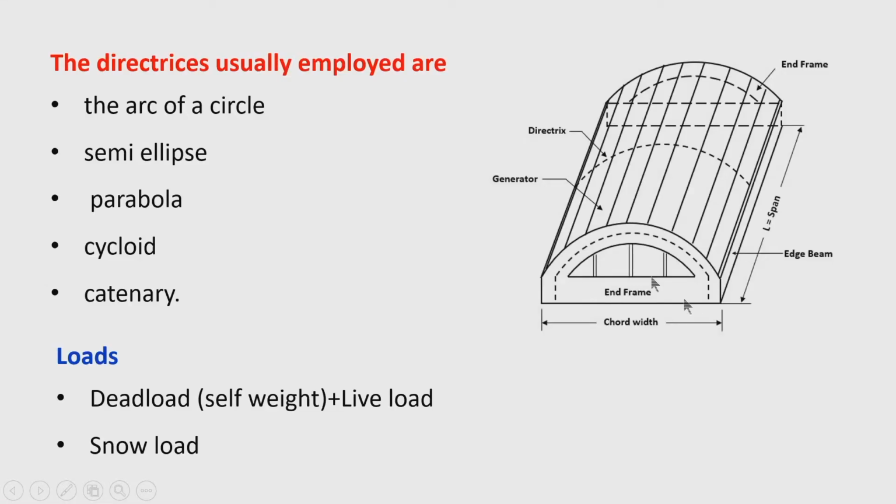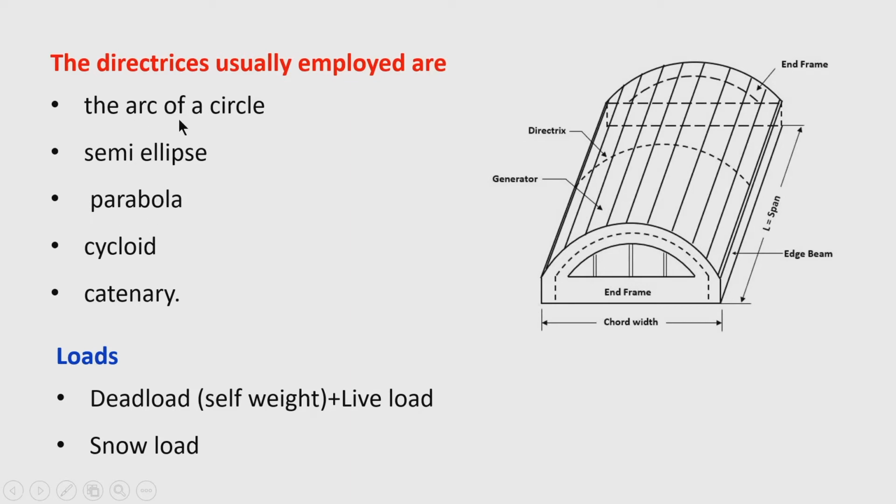You can see the circle has the constant radius of curvature, but for other curves you will find the radius of curvature varies at any meridional angle. That is the point where the difficulty arises in solving the cylindrical shell problem with the other types of directrix. But for architectural reasons, the directrix of other types are also adopted.